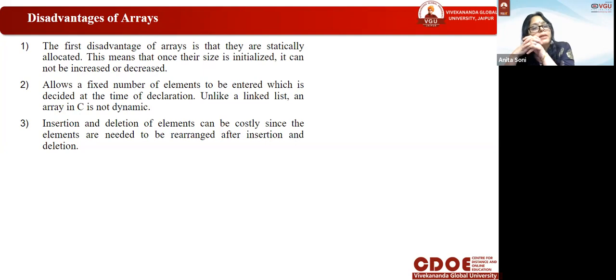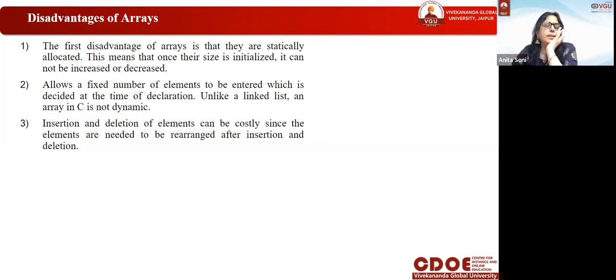But in an array, it does not happen because an array is static in nature. Once you declare it, you have to use that much size. An array allows a fixed number of elements to be entered. This is decided at the time of declaration, unlike a linked list, which is dynamic in nature.